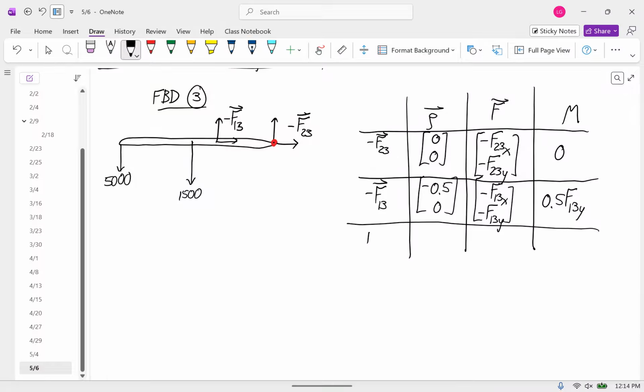Then my 1,500. The row vector is negative 0.75, 0. The force is 0, negative 1500. And so that is 1125 positive.